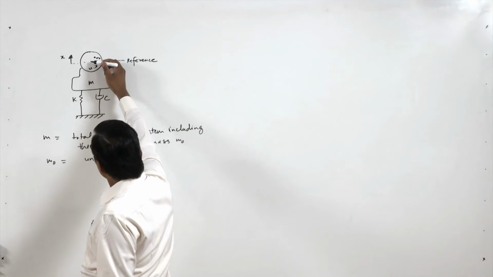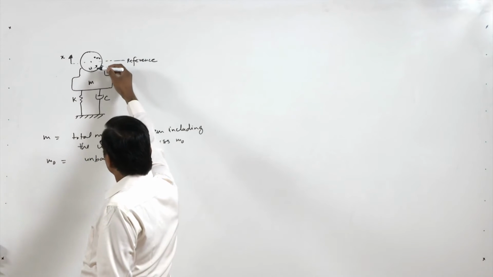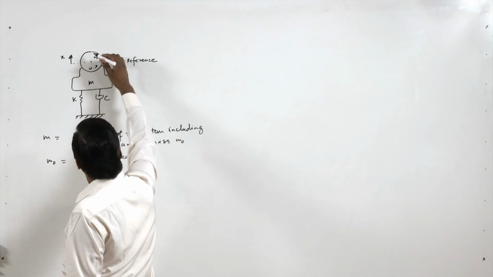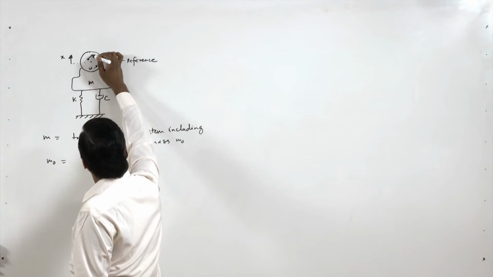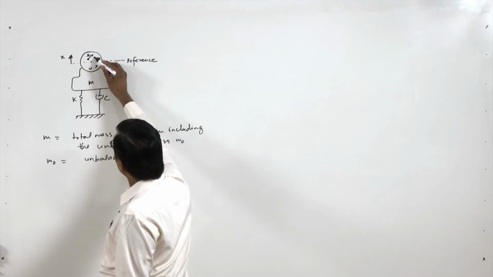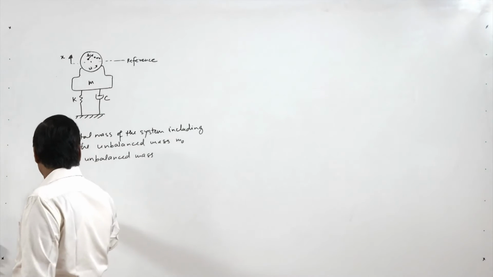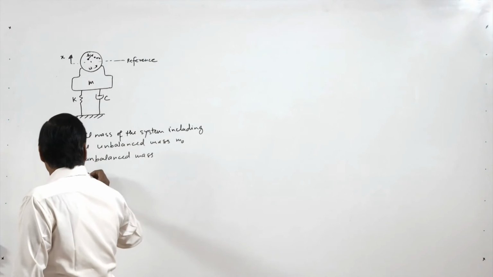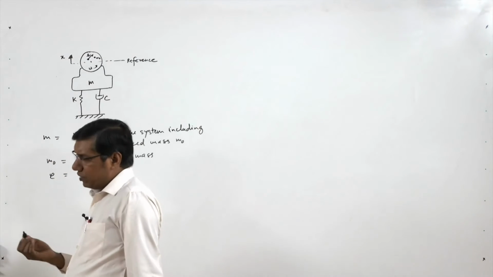So this is the axis of rotation about which our machine is rotating, and from this axis of rotation there is this distance e, the center of gravity of this unbalanced mass. We call it eccentricity also.